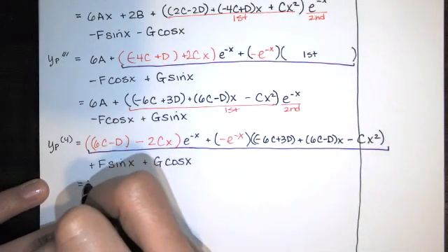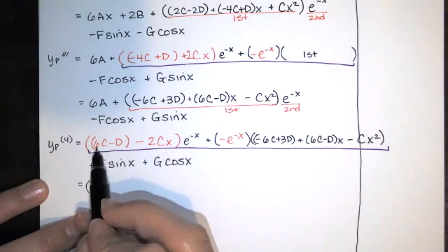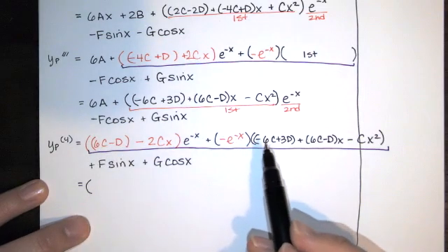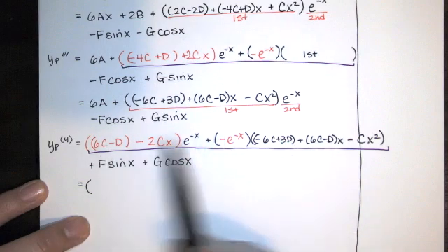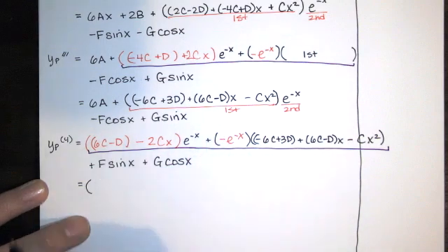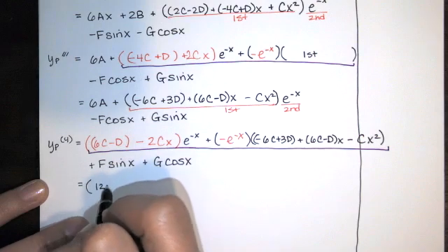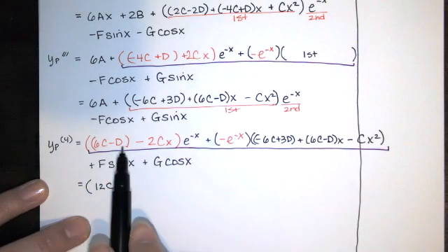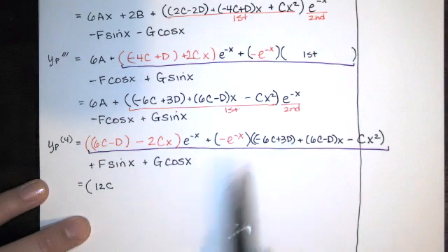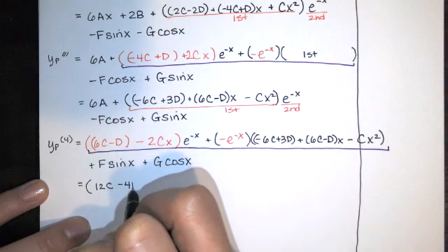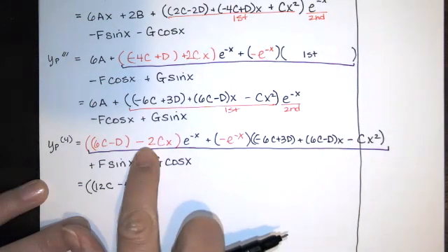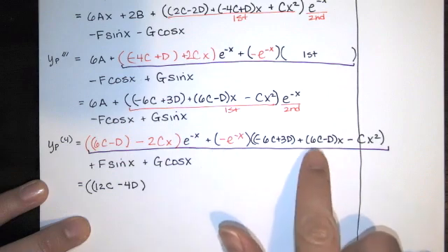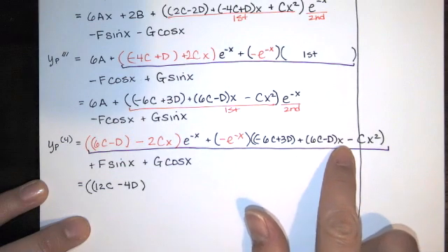So I've got a constant, 6c minus d, and then I'm subtracting negative 6c plus 3d. 6c minus a negative 6c is 12c. And I've got a minus d and a minus 3d from there, so that's minus 4d. Okay. And then I have a negative 2cx here, and I'm subtracting 6c minus d times x.